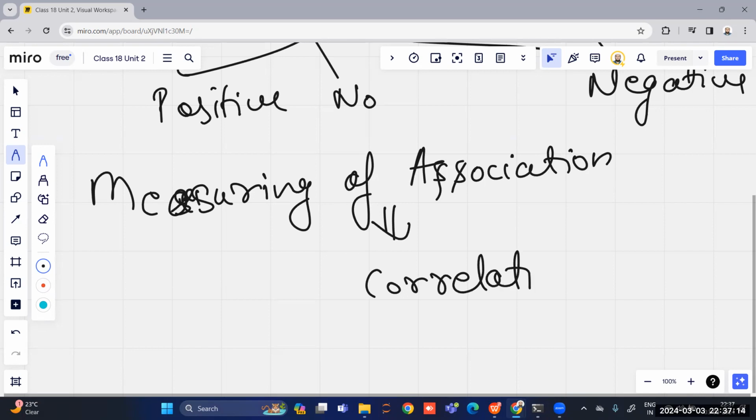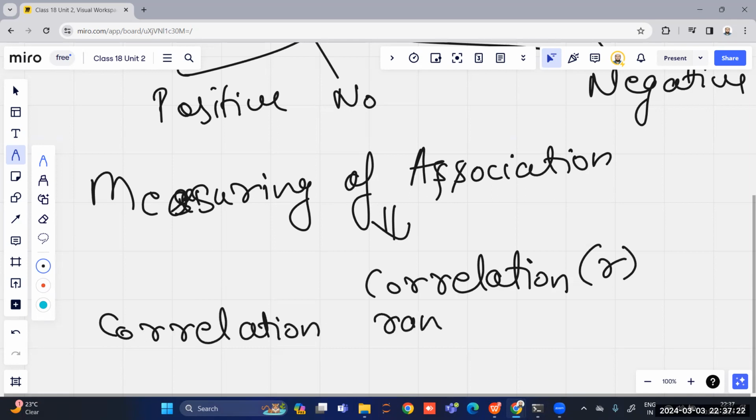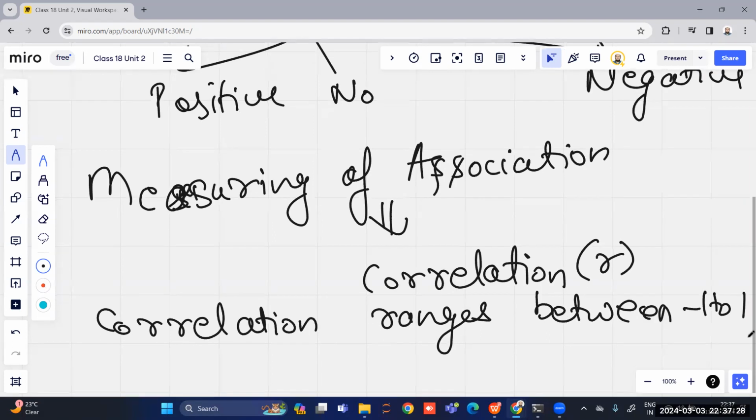Correlation has the symbol R, and correlation ranges between -1 and +1.